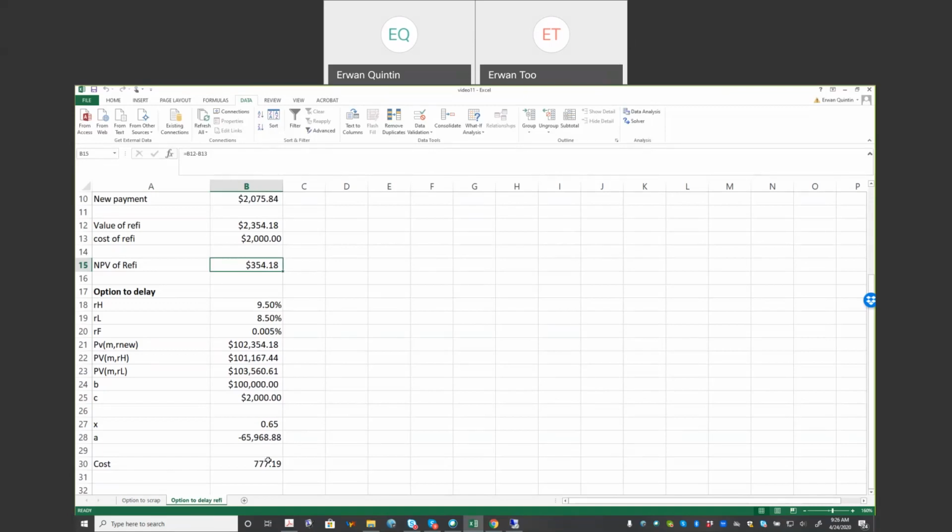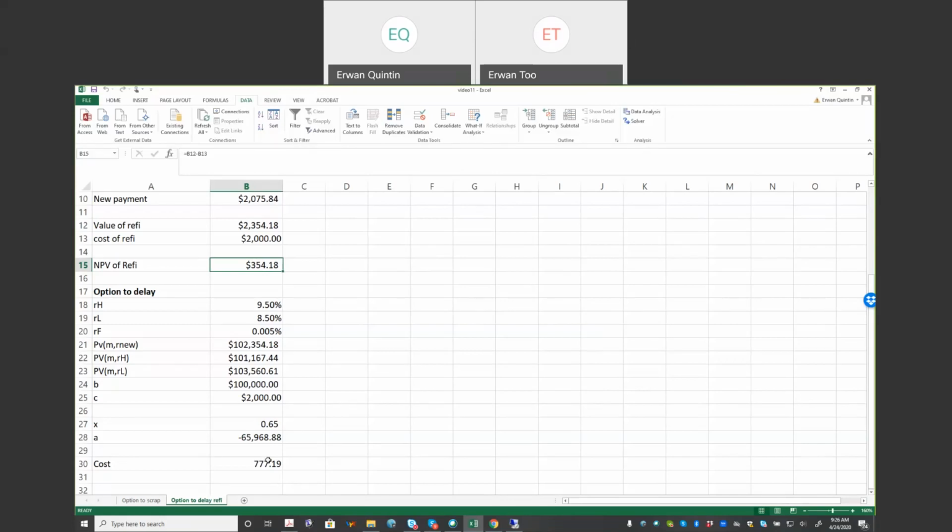And what does that theorem say? It says that you should not exercise an American option early. It doesn't make any sense to exercise an American call option early. So what is an American option? It is an option that you have the right but not the obligation to exercise at any point before the expiration date.